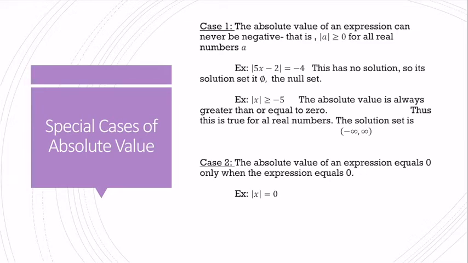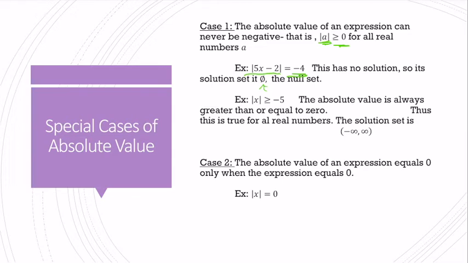The last thing we're going to talk about in this chapter is special cases of absolute value. So, friendly reminder that the absolute value of an expression can never be negative. So if I say the absolute value of an expression equals a negative number, there's no solution to that, right? So our solution set would be the null set. However, if I say the absolute value is greater than or equal to a negative number, this is always going to be true, right?